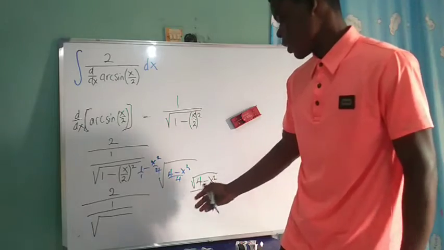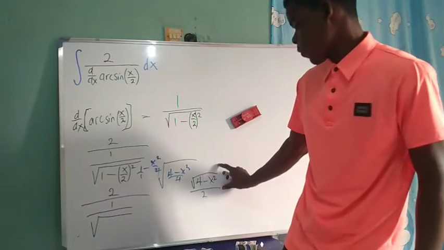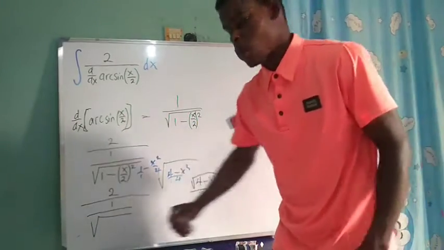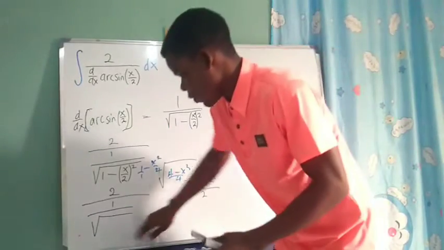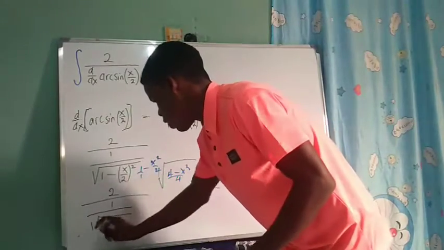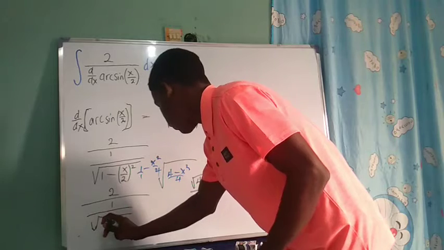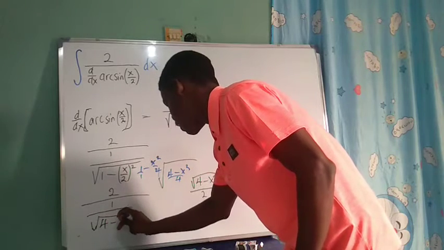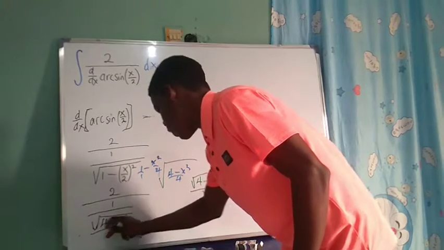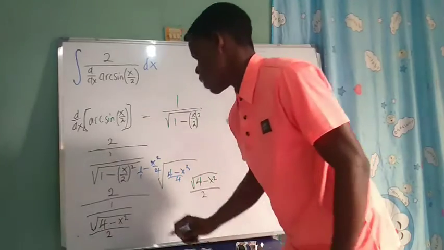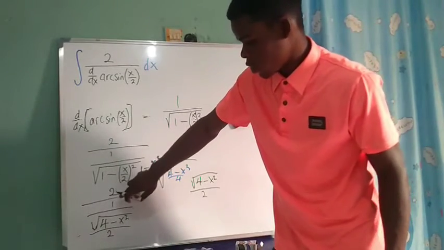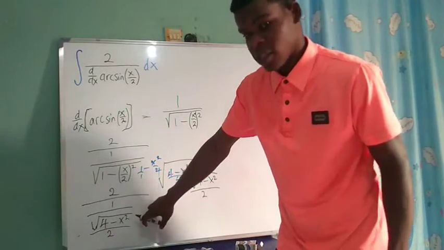So we can just go ahead and plug in square root of 4 minus x squared over 2 in the denominator like that. This is the numerator, which is just like 2 over 1, and this right here is the denominator.